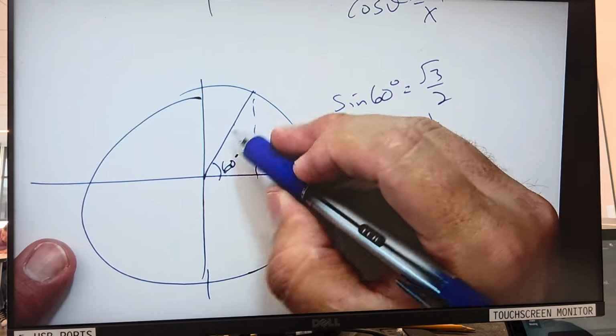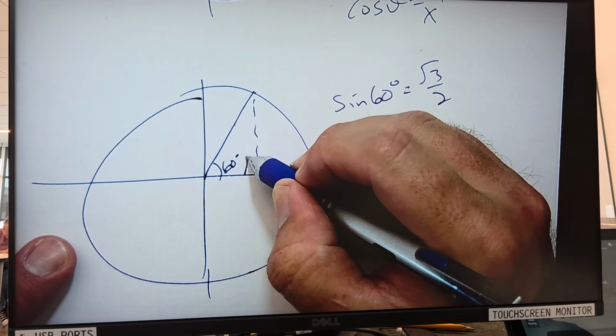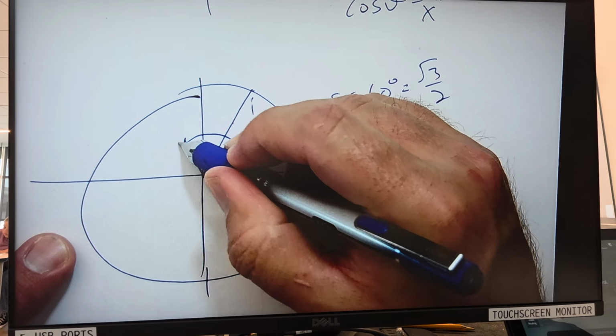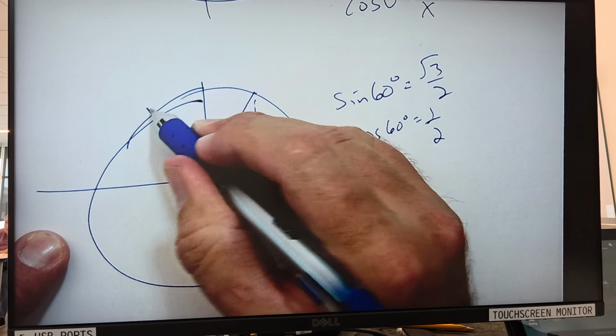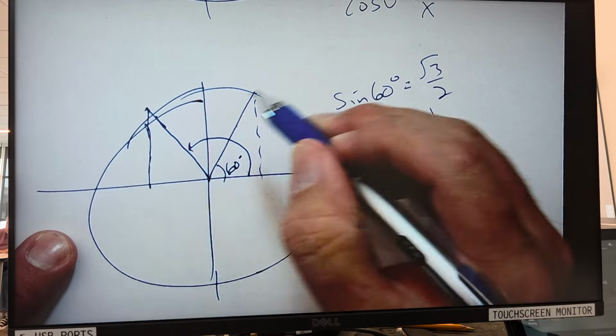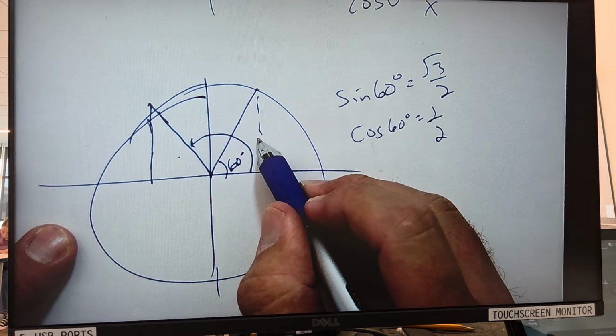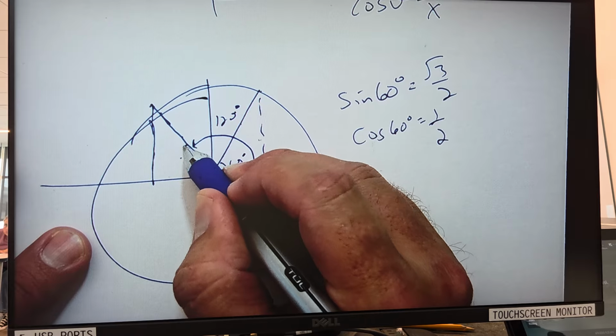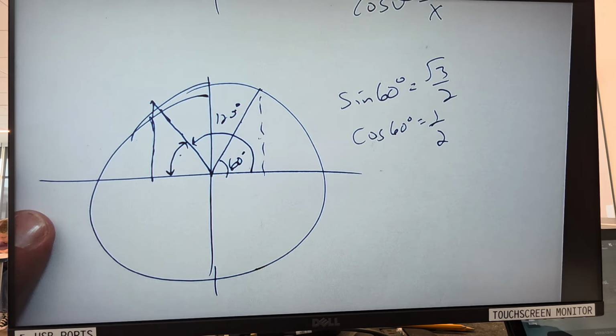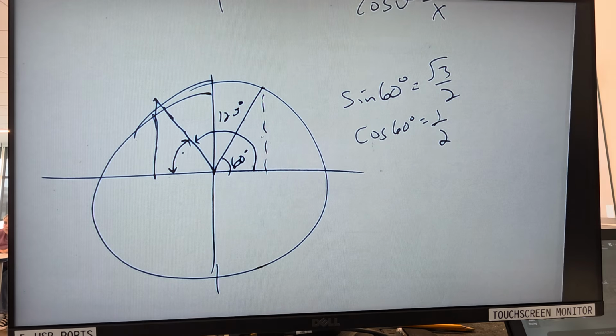If I go to 120 degrees and I draw this triangle, these two triangles should be what? If I go 120 degrees, how big is this angle?